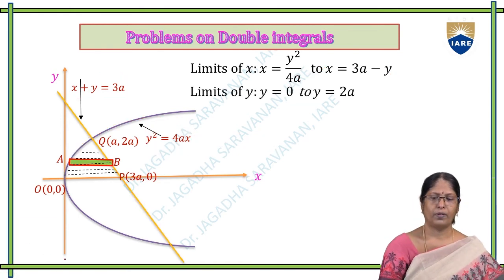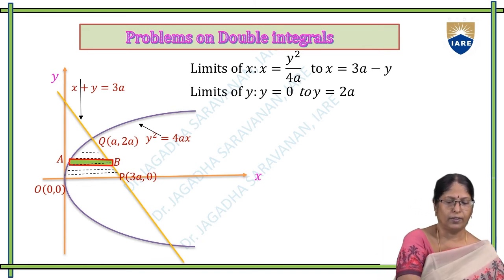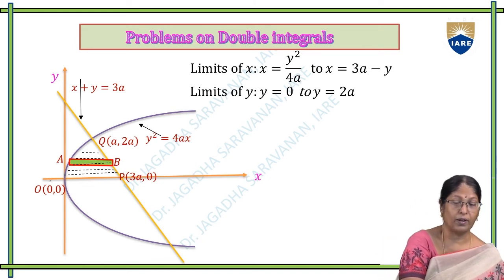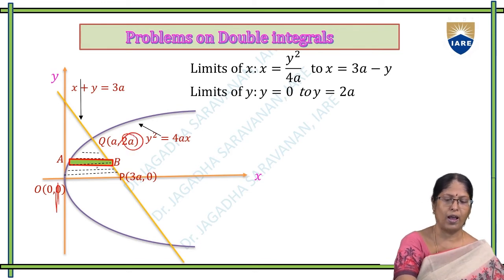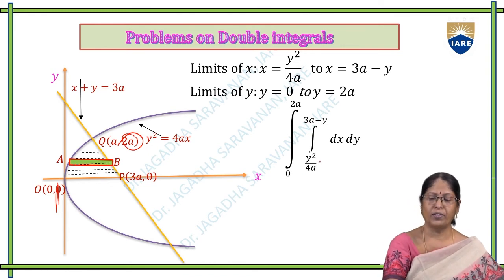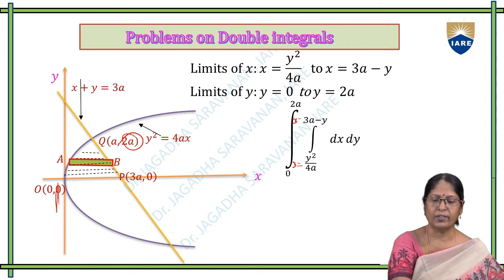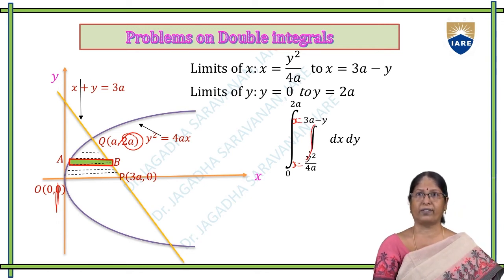So next, the limits of y. That is the horizontal strip regarding y direction, 0 and 2a. So we can see here, that is the integration for x.